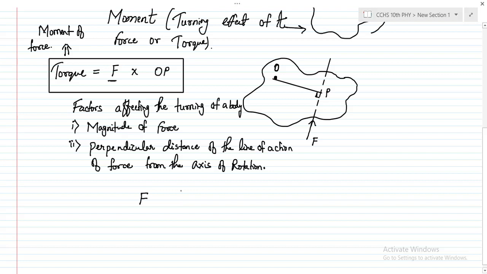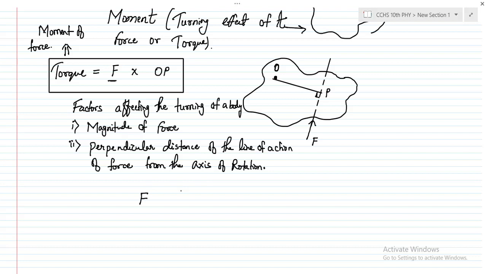That means we have to apply the force at a point such that its line of action will be at the maximum perpendicular distance from the pivoted point. By increasing the perpendicular distance of the line of action of force from the pivoted point, we get more turning effect.